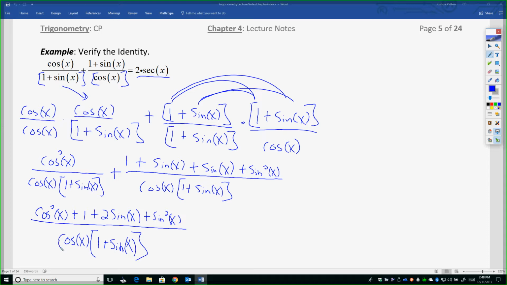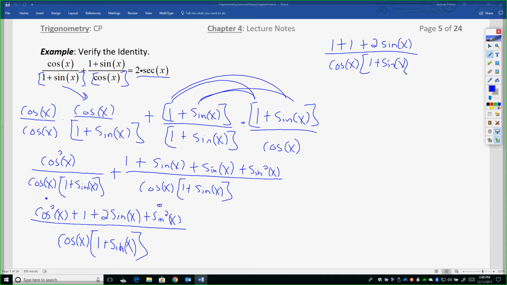Okay, so we notice on the top here I have a cosine squared and a sine squared. Remember that cosine squared plus sine squared is 1, correct? So as a result, I'm going to get 1 plus 2 times sine of x over the denominator, which is cosine of x and 1 plus sine of x.